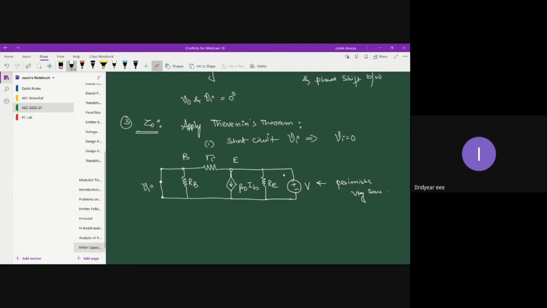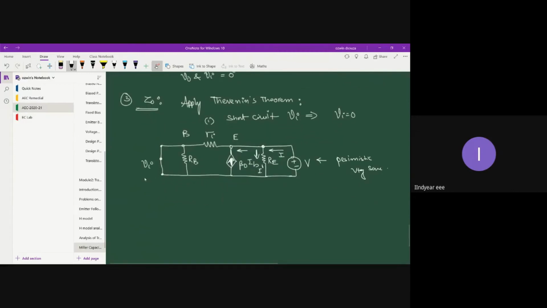Let us assume that this voltage source is circulating some current I. Now at this node, this current is going to divide into two parts. Let's say I dash through RE. Sorry, this is your upward current direction, and beta d.